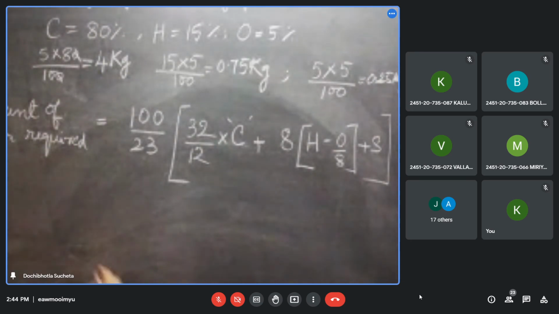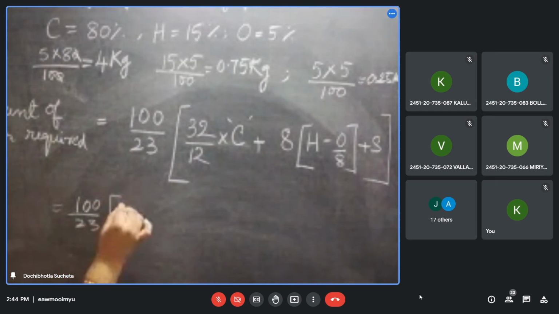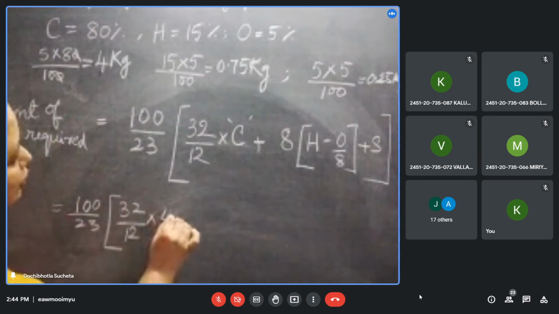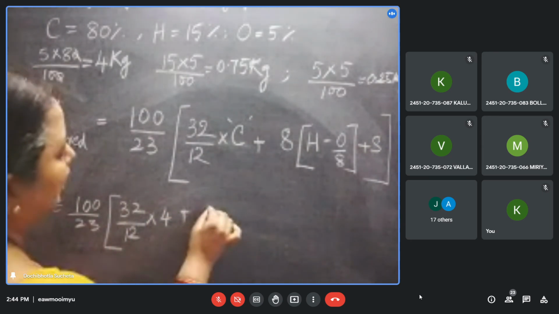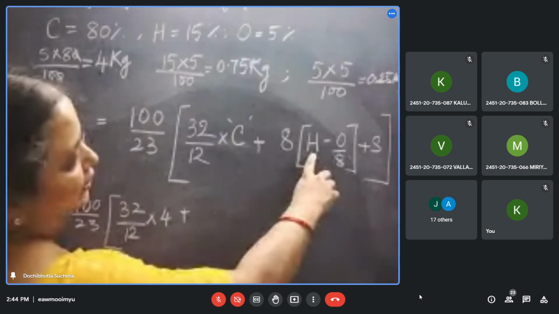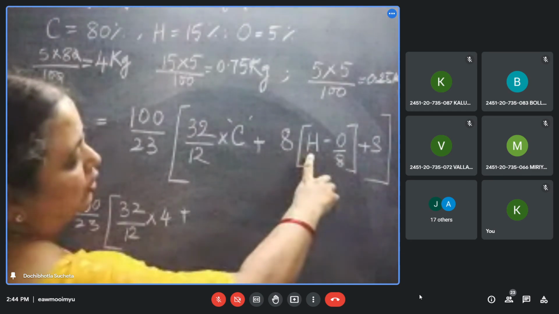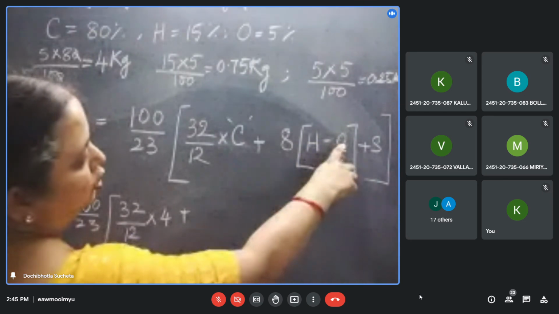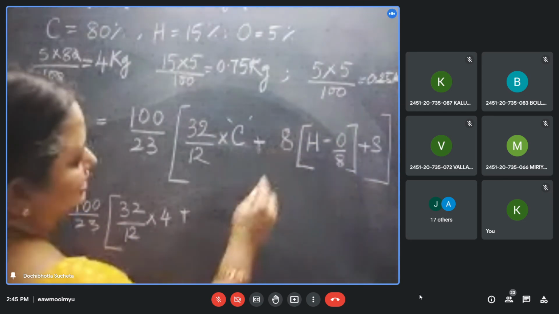That will be equal to 100 by 23 into 32 by 12 into 4 plus this. If I take LCM, it will be 8H minus O, and if I get it out, this gets cancelled.